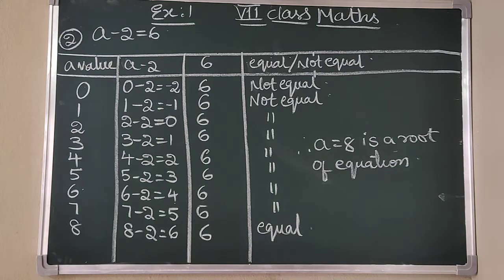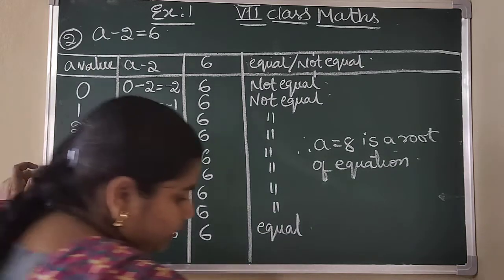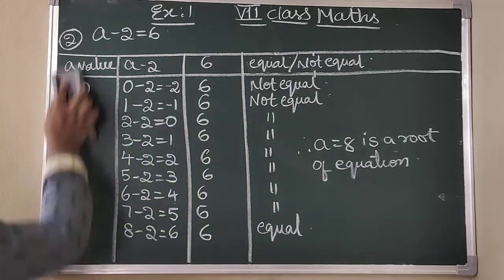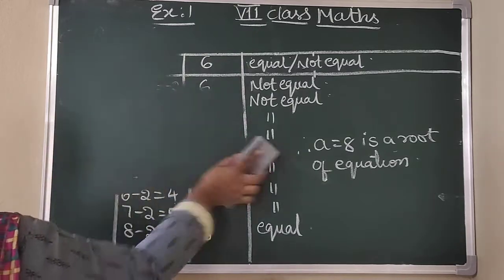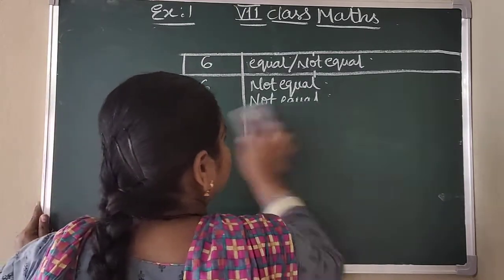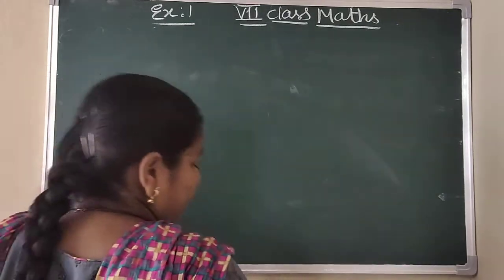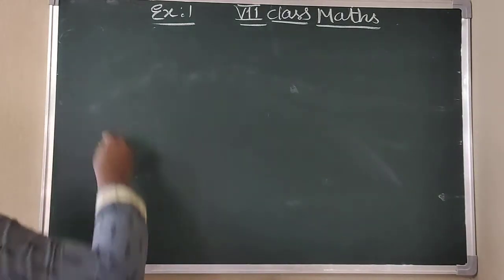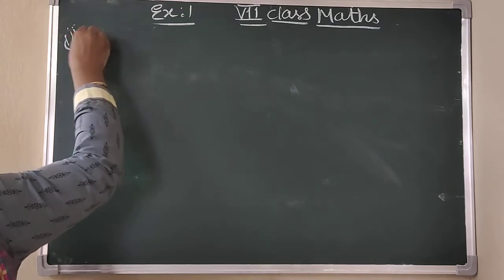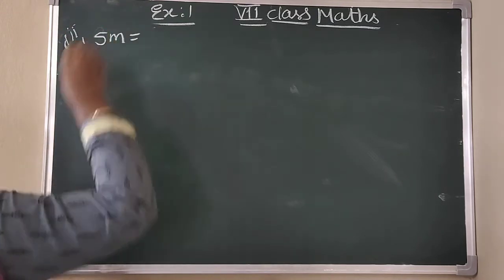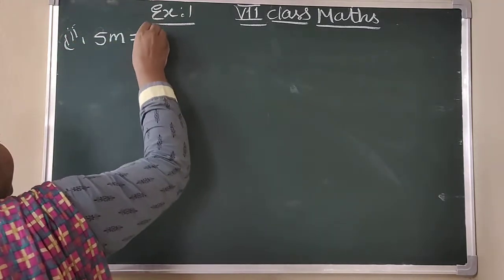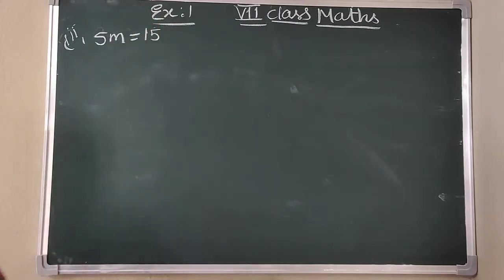Okay, next is the third question. What is the third one here? The third one is 5m equals 15. So we have to substitute the m value now.